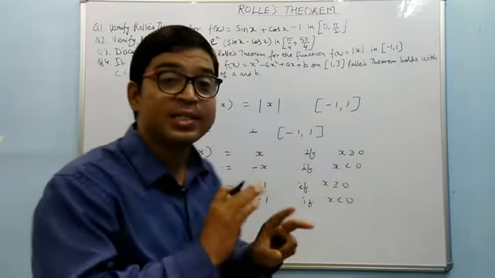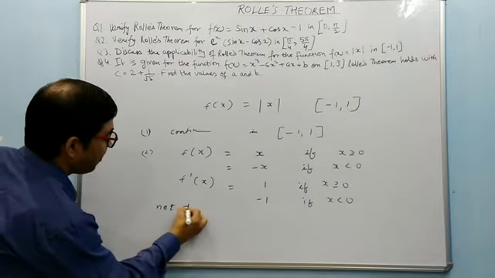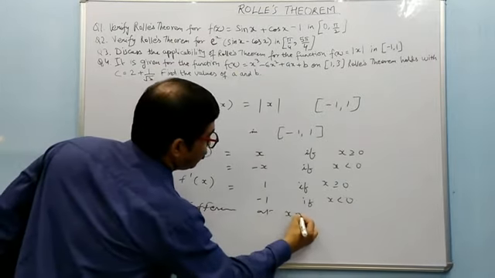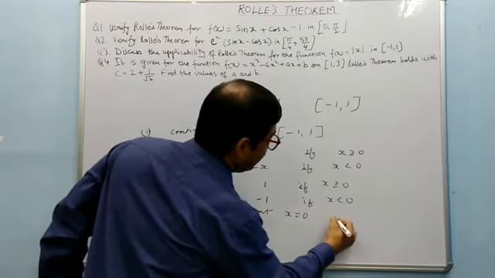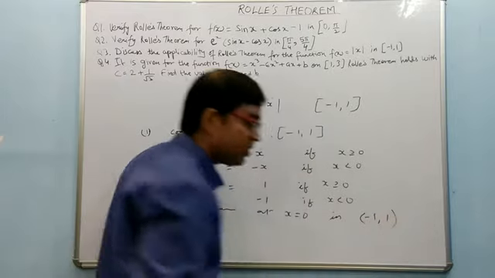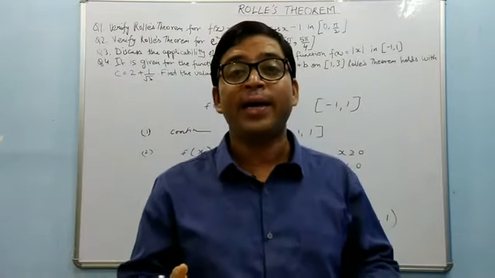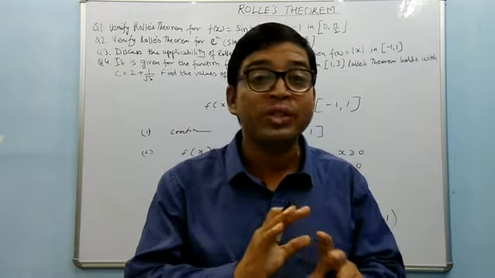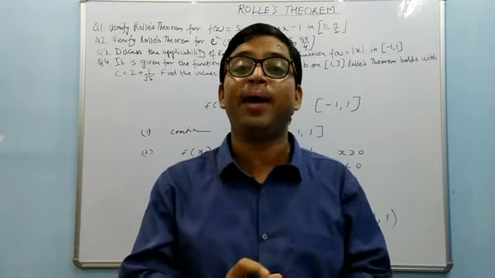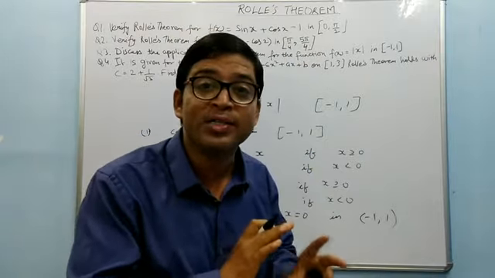So it is not differentiable at x equal to 0, that means in the interval -1 to 1, it is not differentiable. So no question of applicability of Rolle's theorem. Rolle's theorem is not applicable because the conditions are not met. So we can directly write Rolle's theorem is not applicable.